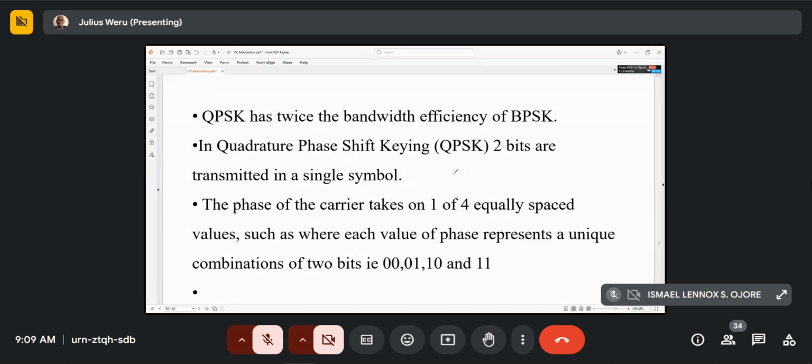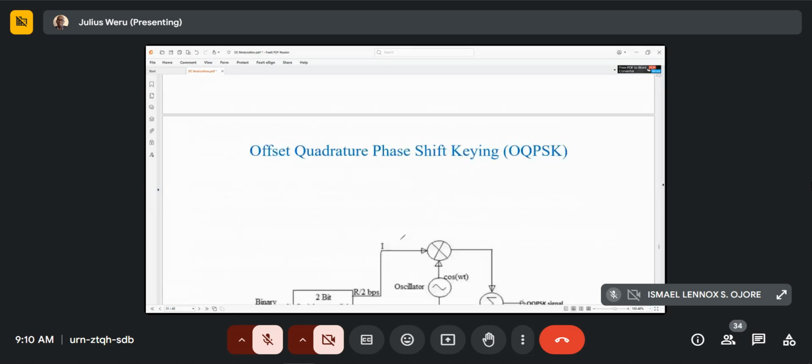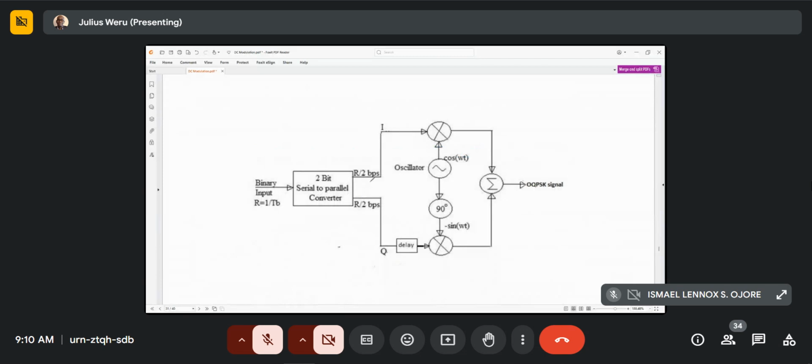And how do we do it? We make sure that we don't have both arms changing at the same time. So we create a delay in the Q arm, so you can't have two bits changing at the same time. That's why you have the offset QPSK.